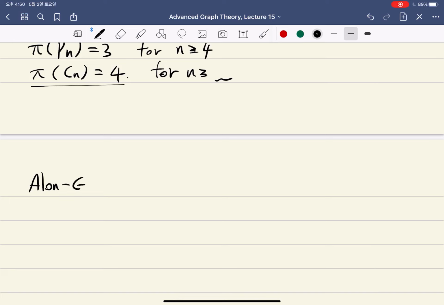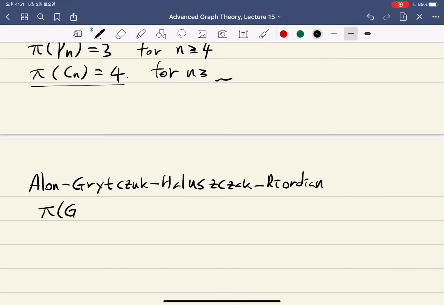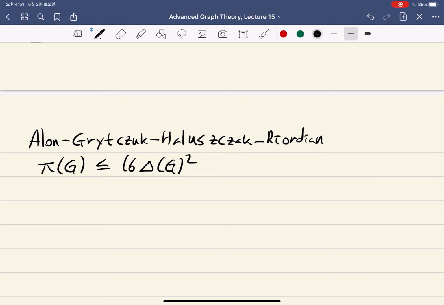And Alon, Grytczuk, and Riordan. I don't know how to pronounce this name. They proved that any graph with maximum degree delta has a dual number at most 16 times delta squared. They prove it using the robust local lemma.